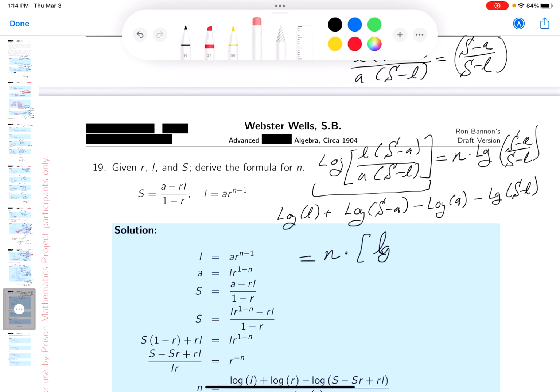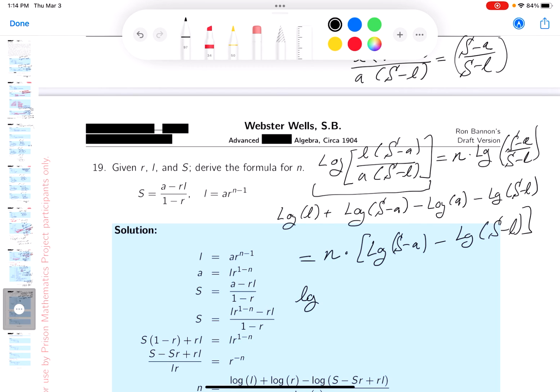Give me an eraser out. Log, let's see, S minus A minus the log of S minus L. All right, let's go to town, see what we get. I'm going to solve for N now.